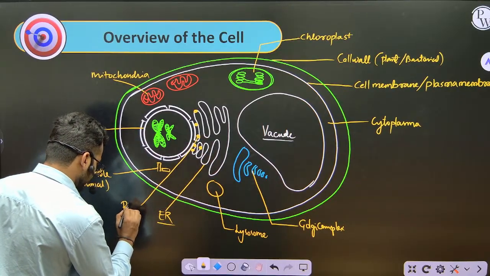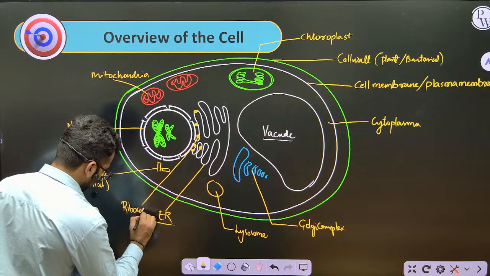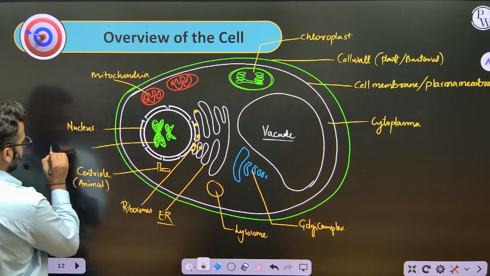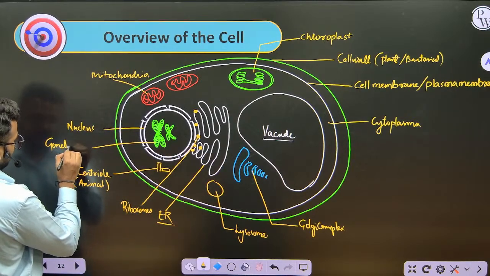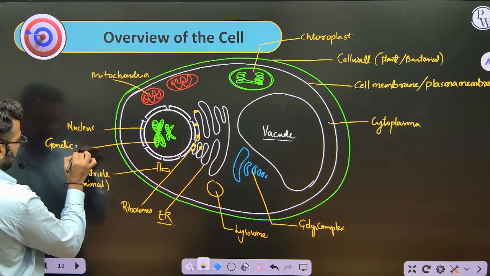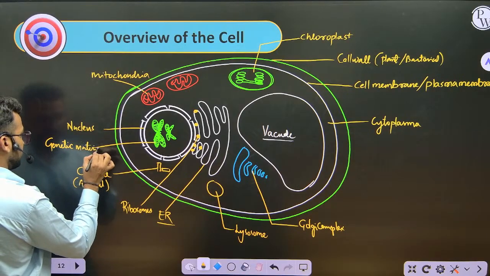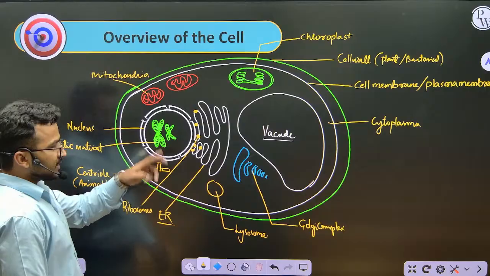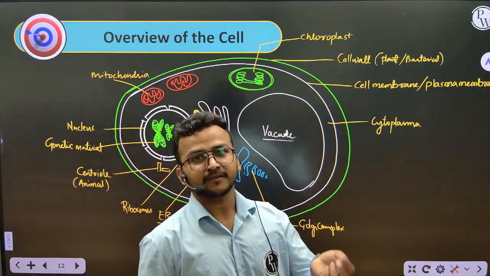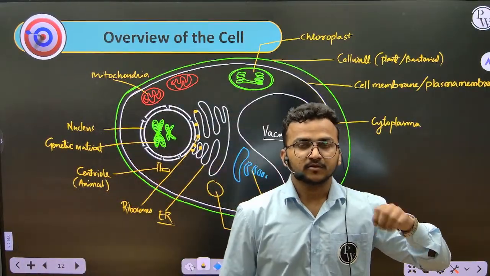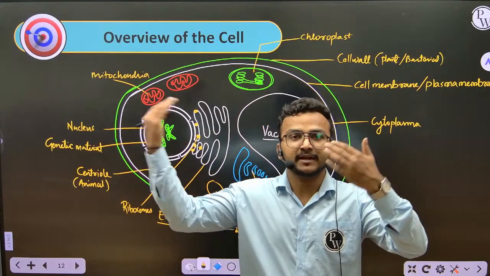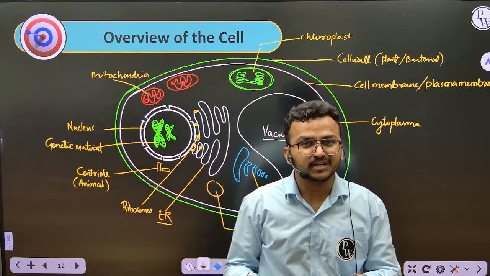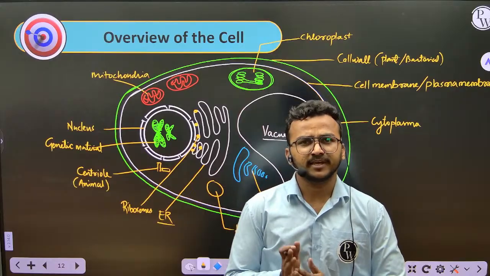Ribosomes are also there. And this is genetic material or DNA. Genetic material in the sense which carries genes within that. So genes are nothing but how traits carry from parents to offspring. It is just one analogy where you can connect.